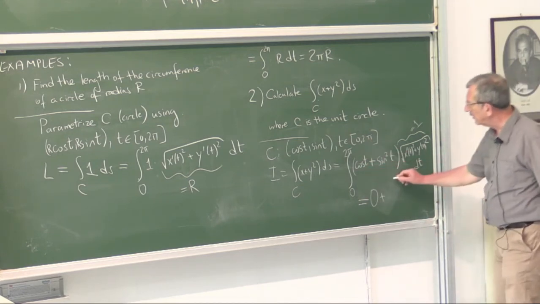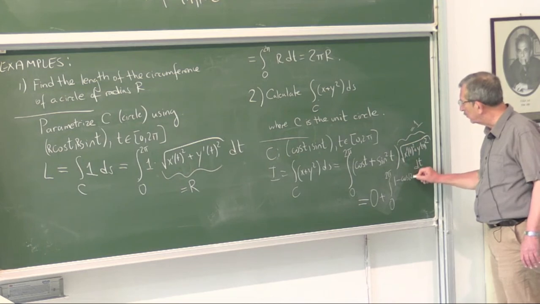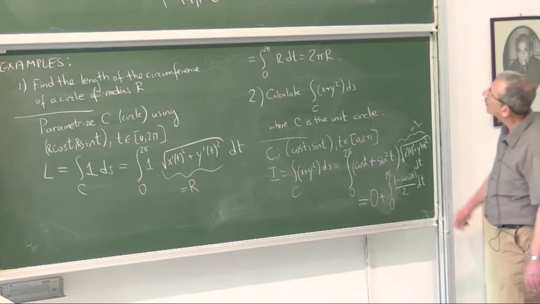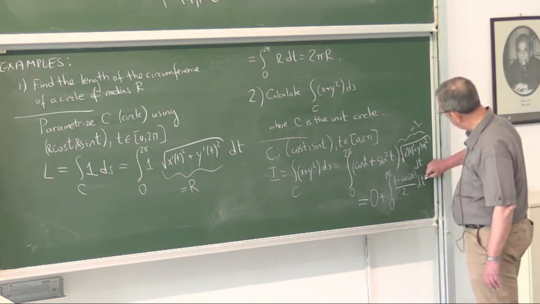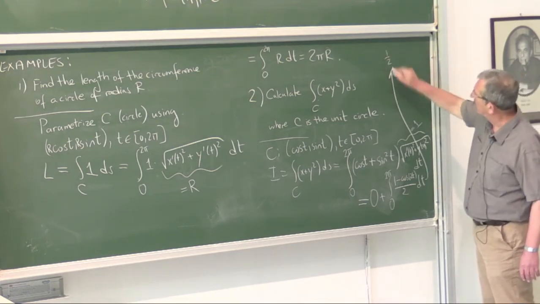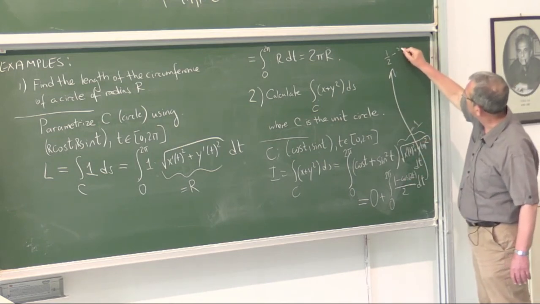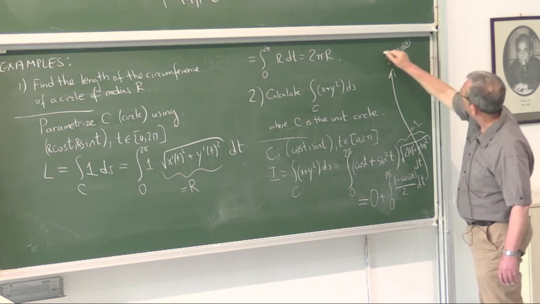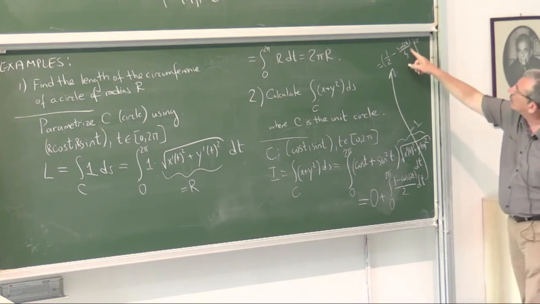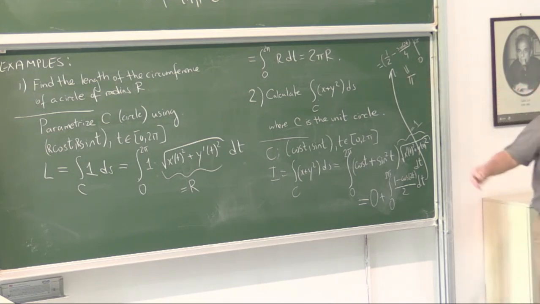For sine squared t, you have the integral from 0 to 2 pi of (1 minus cosine 2t) over 2 dt, which happens to be 1/2 t minus an antiderivative sine 2t over 4, from 0 to 2 pi. Well, for the second one, you have 0, clearly, so the whole thing is pi, so this is the value.